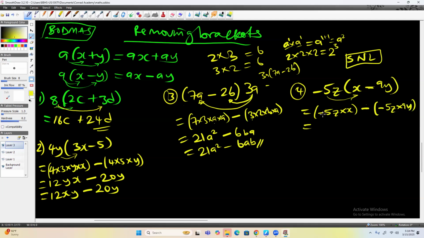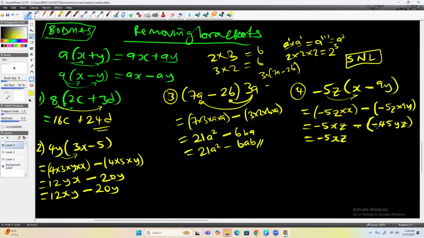Now when you do that, negative 5z times x is negative 5xz, or zx, whichever you want to call it. Then this is still negative 5 times 9, which is 45.